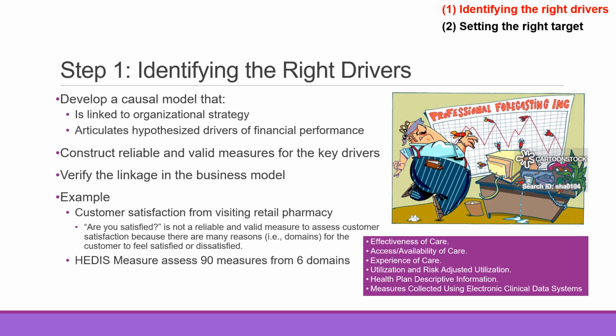We just talked about the clinical outcome, but when we talk about the humanistic outcome of patient satisfaction, let's say you ask, are you satisfied, right after a person visited a retail pharmacy. You can get some assessment of how satisfied you are as a customer, but a customer may have different categories of items that make them satisfied by using the retail pharmacy. So in order to get more specific information, you want to turn the satisfaction question into more specific ones.